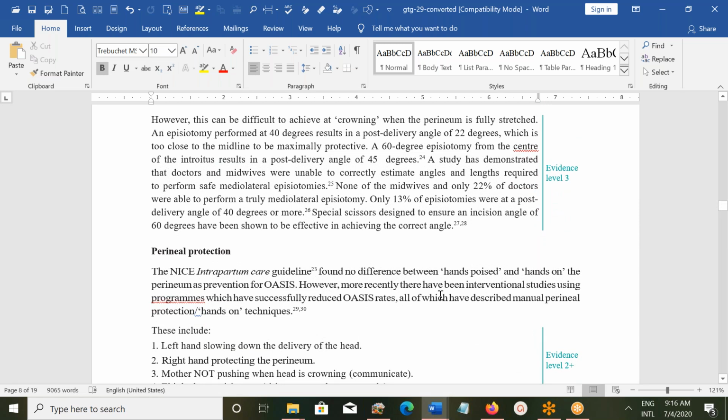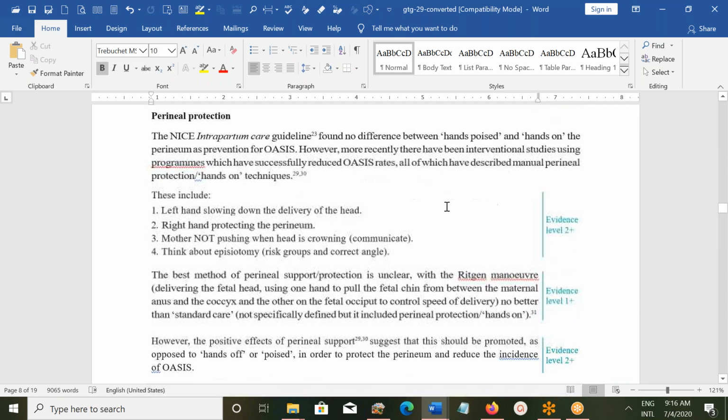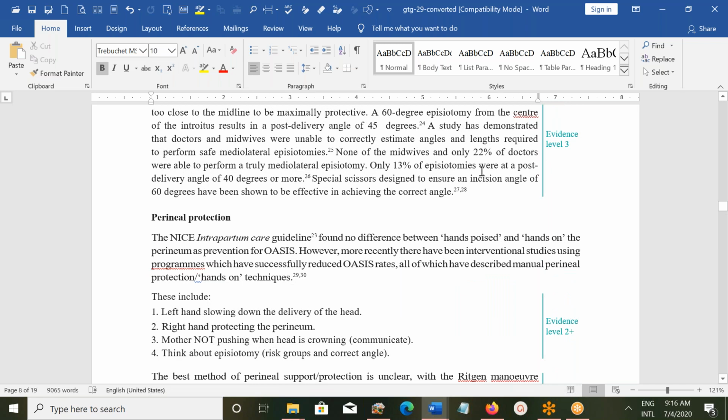So then the question arises, and the problem is that in all of this paragraph they have just written that up to 22% of doctors were able to perform a true mediolateral episiotomy.